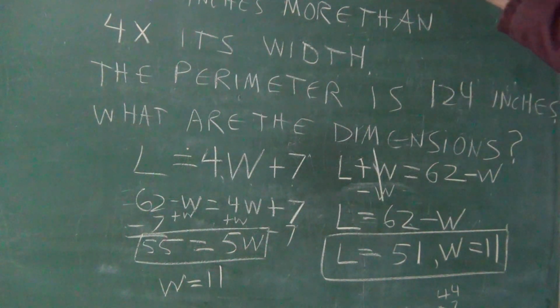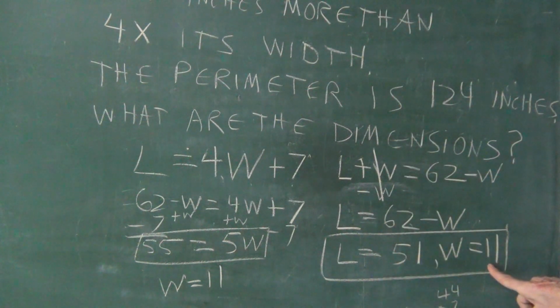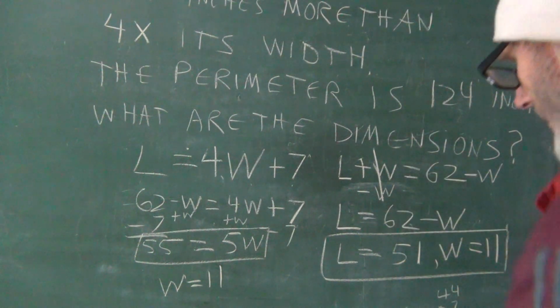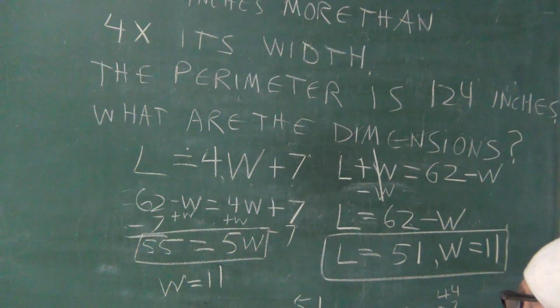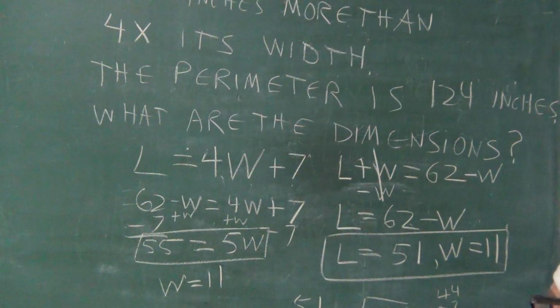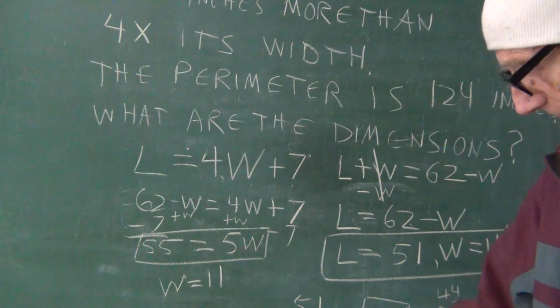Okay, so this first part is true. Now the perimeter here, if those are length and width, then that would be 51 plus 11 equals 62, and that's half of a rectangle. To do the other half of the rectangle, we just add another 62 to it, and that equals 124. So, bang, we got the right answer.